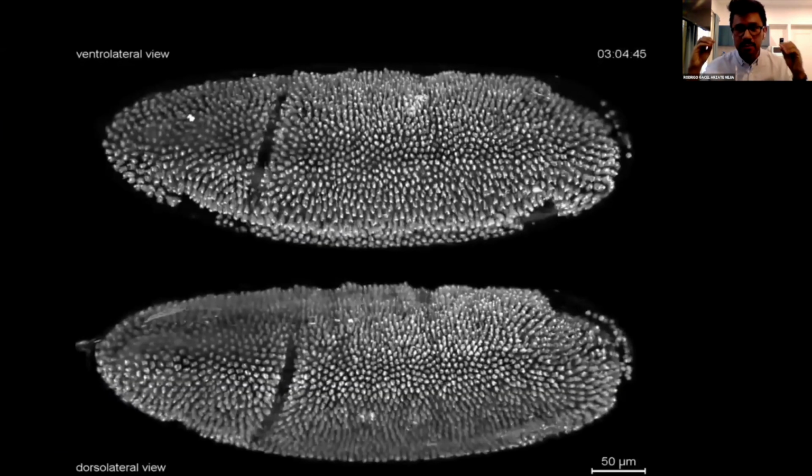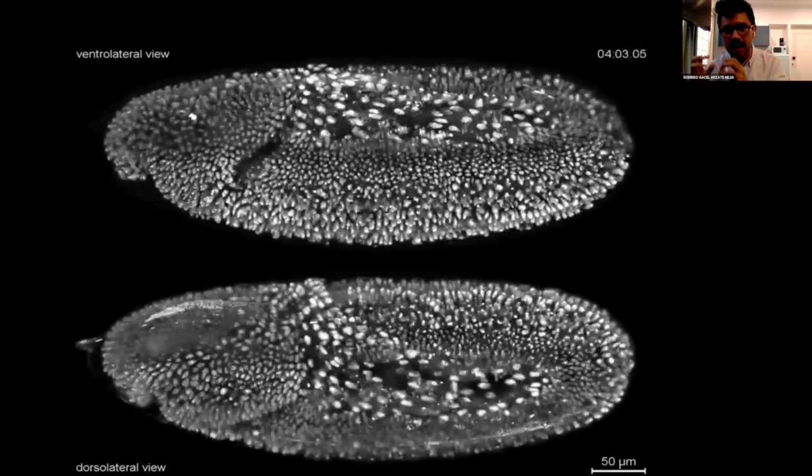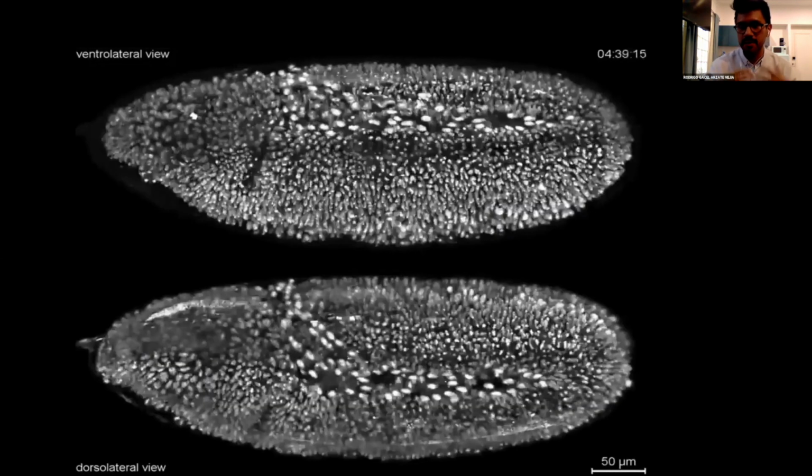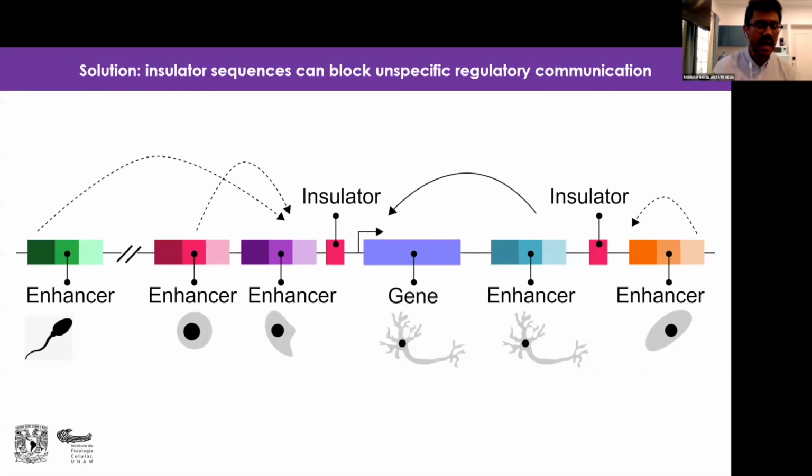And now imagine that all of these conversations are taking place in each nuclei of each of your cells, not just during development, but as we are speaking and as we are learning. So the cells have developed different mechanisms to control the flow of information between regulatory elements and the target genes. And one way to regulate that flow of information is by restricting the physical interactions that, for example, enhancers can have with the promoters of the genes.